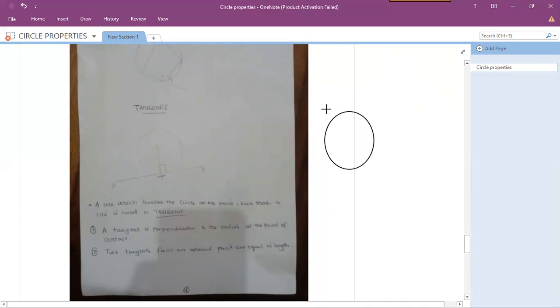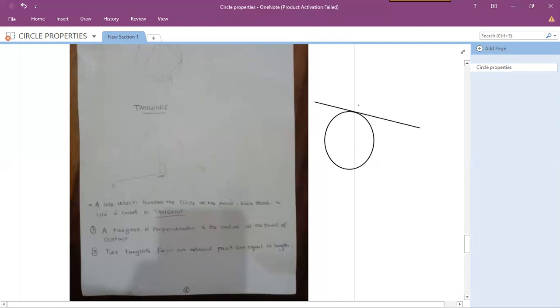And here, because we're dealing with a circle, a tangent is a line that just touches the circle at one point. So if I draw a line there and it touches the circle just at one point, that's going to be called a tangent.